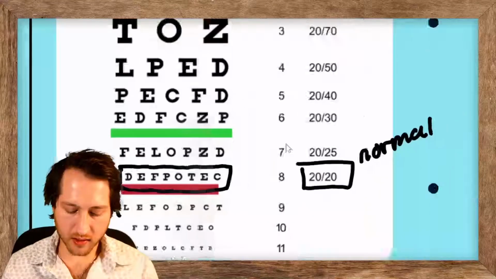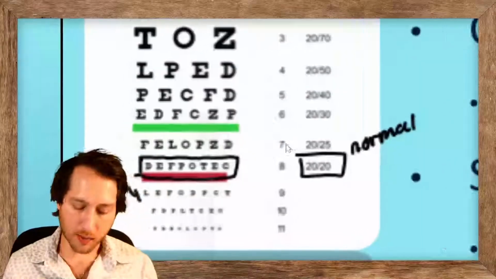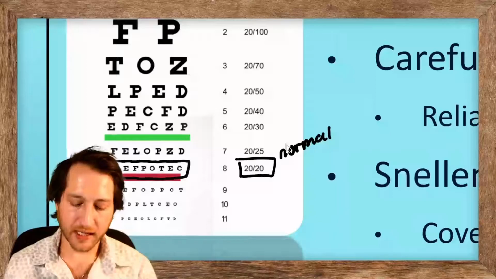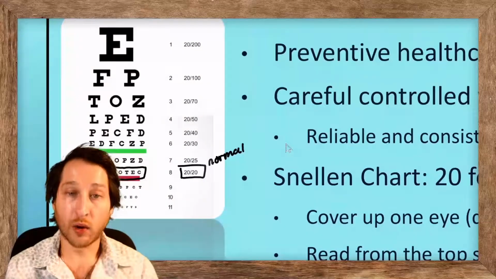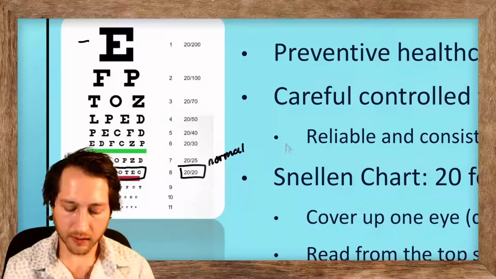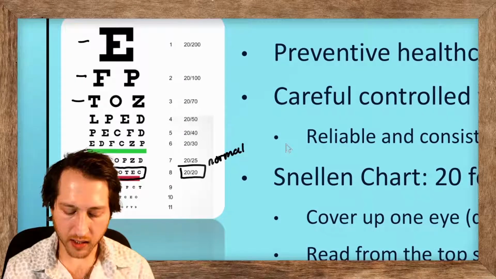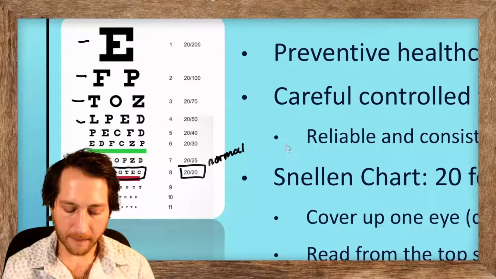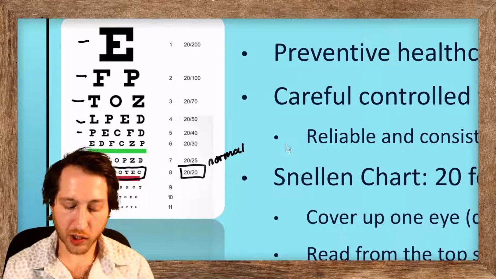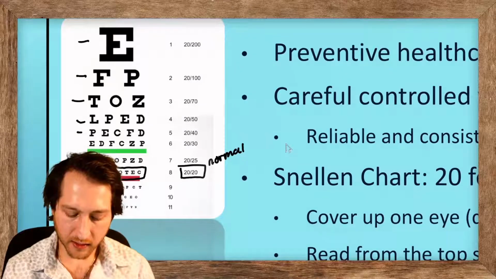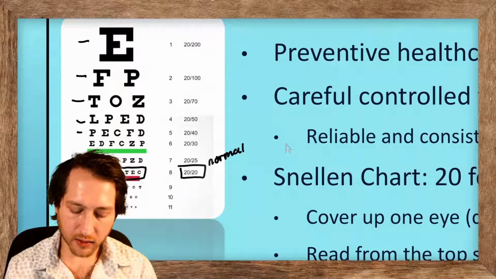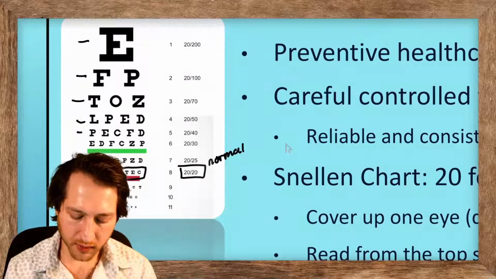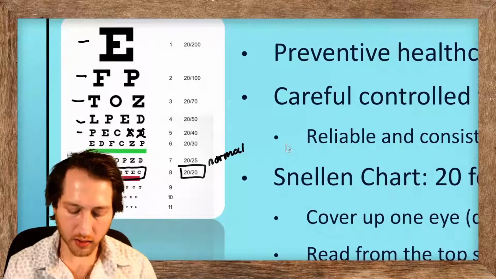So it gets a little bit more complicated, and let's take this for example. We have a patient who's 20 feet away. They have one eye covered. They get this line, they get this line, they get this line, and then they get this line. Then you ask them to go down here, the 20 over 40. And let's say they get all the letters but 2. So they miss this one and this one.